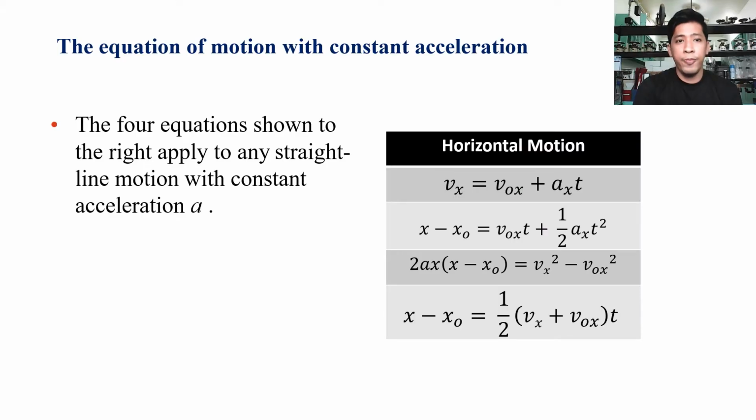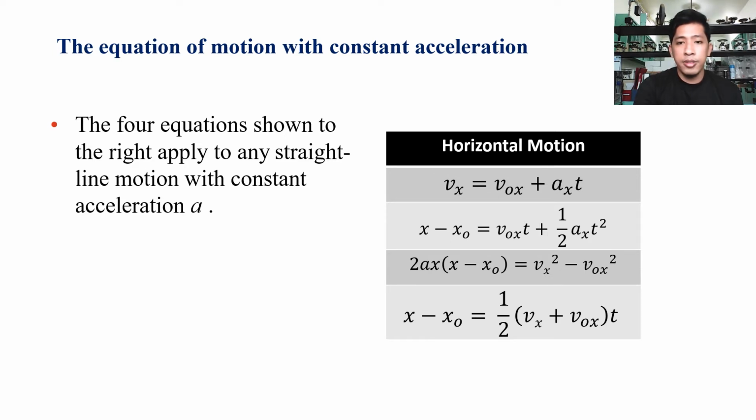As a short review, we have here the equations of motion with constant acceleration, which we have derived in our previous discussion. The four equations shown to the right apply to any straight line motion with constant acceleration a. Our first equation is vx equals v naught x plus axt. Our second equation, x minus x naught is equal to v naught xt plus 1/2 axt squared.